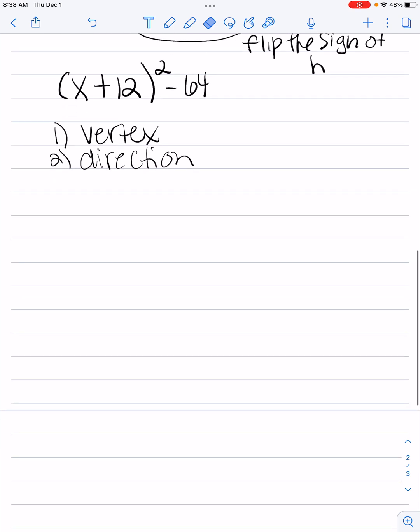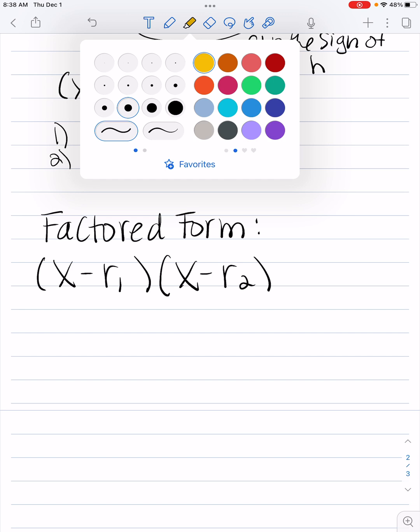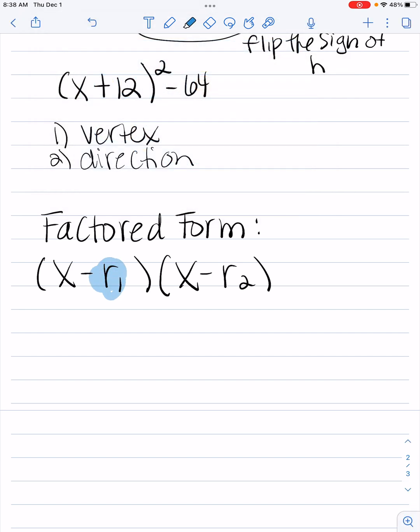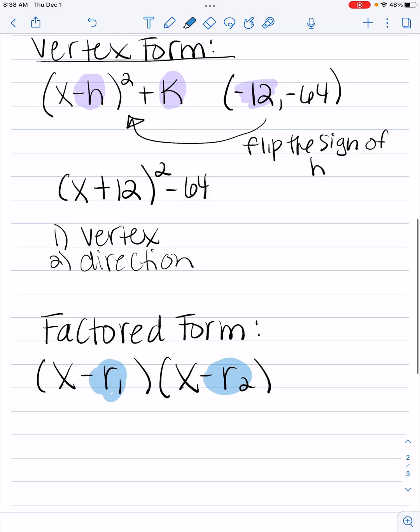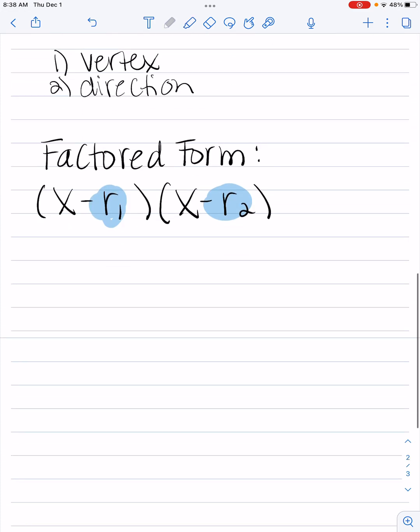The last form that we had is factored form. Factored form is written as (x minus r1)(x minus r2). R1 and R2, these are our x-intercepts. So if I go back to this graph up here, our x-intercepts were negative 20, 0, and negative 4, 0.